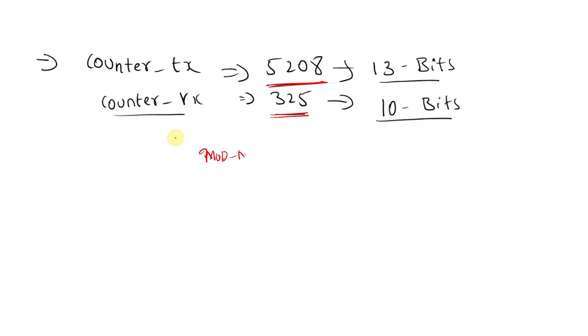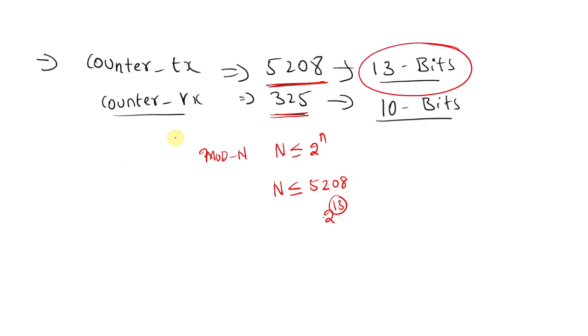If you take mod n, there is a formula: n is less than or equal to 2 power n. 5208, if you want to represent it in terms of 2 power, is actually 2 power 13. 2 power 13 means 13 bits are required. These are nothing but the number of bits.